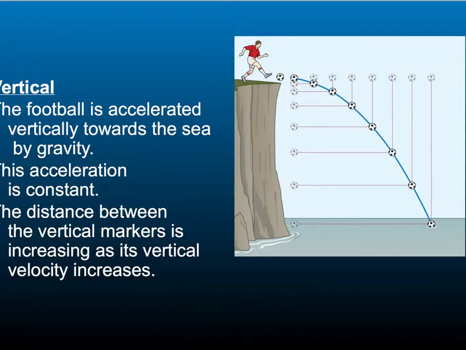So key things to remember are that the horizontal velocity is constant, that's if you are ignoring air resistance, and the vertical velocity increases as you get further down the cliff.